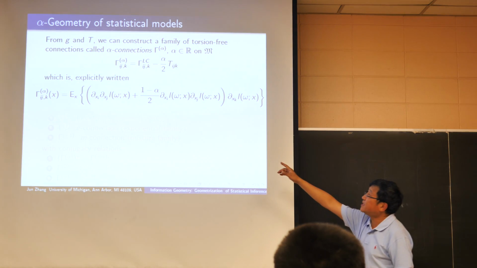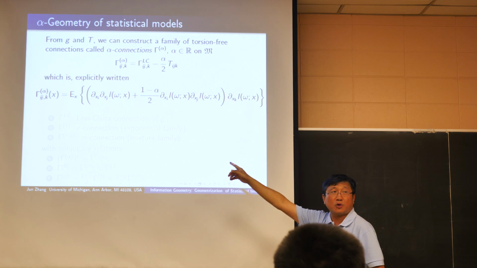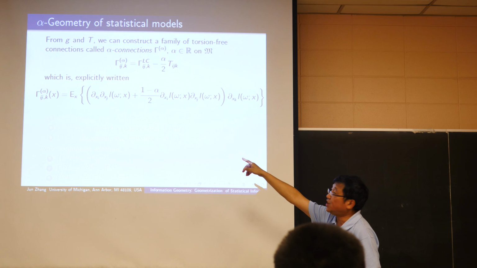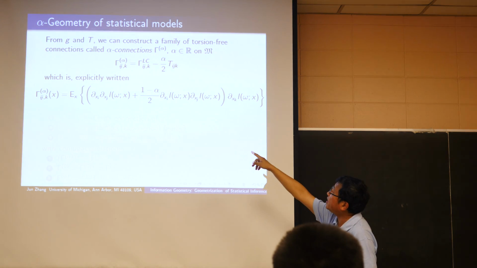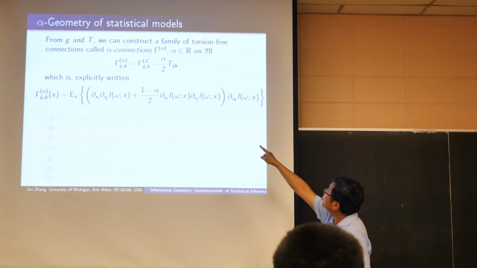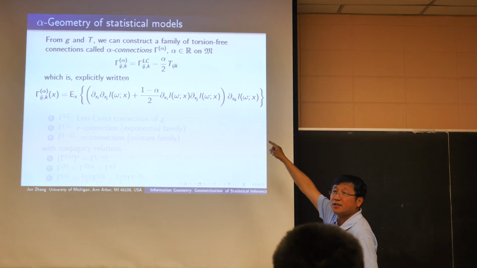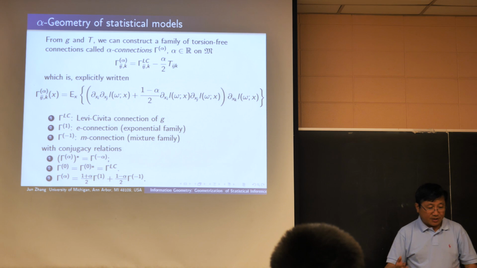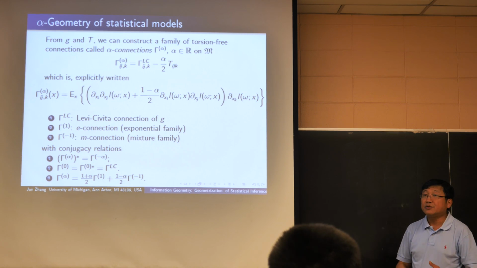Now, if we want to explicitly write this out, we have this expression. You can find it in Amari's book. L is the log of p, and this is partial xi, partial xj, and here is partial xi, partial xj, and then this is partial xk. Now, for this family of connections, when alpha equals 0, it is the Levi-Civita connection.